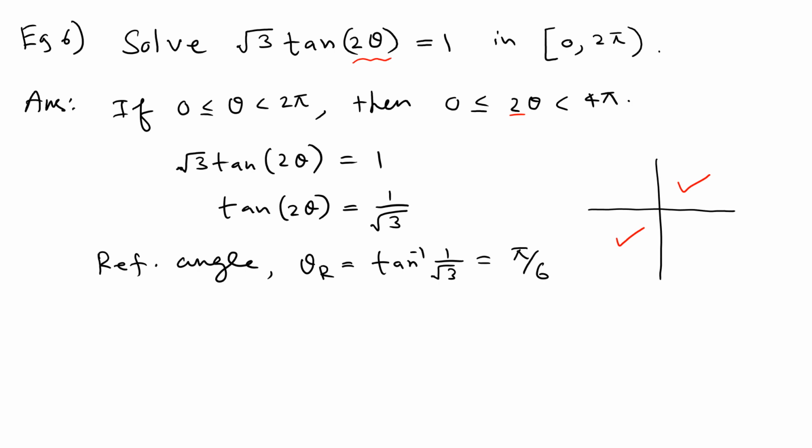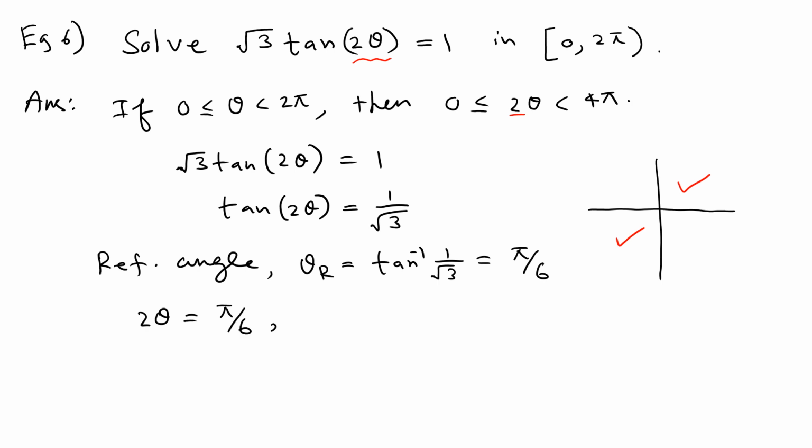Since we know this, we can find the angles here. Actually, it's not just two angles, because we need to find all the angles from 0 to 4 pi. So 2 theta is pi over 6; that's the first one.